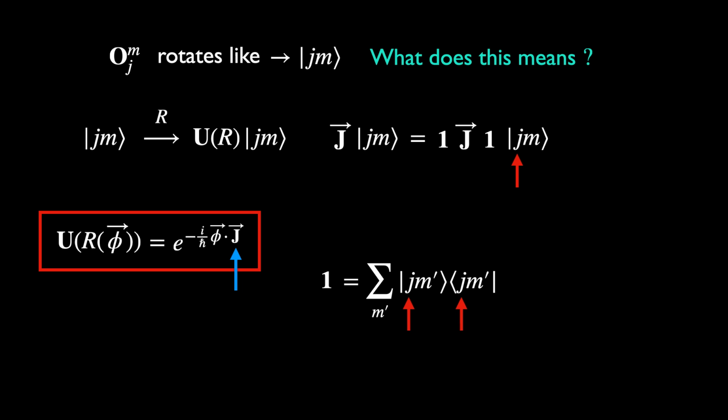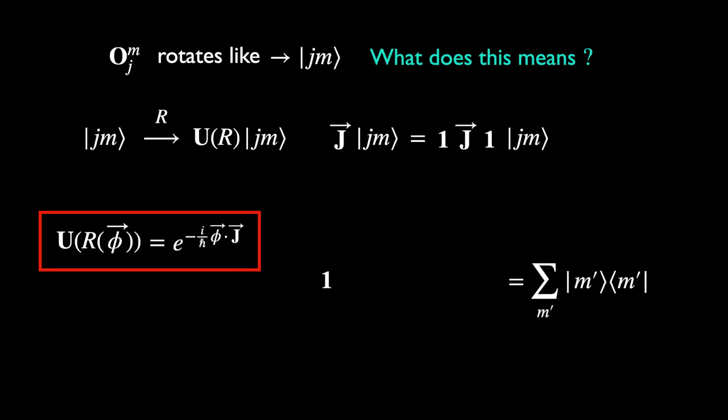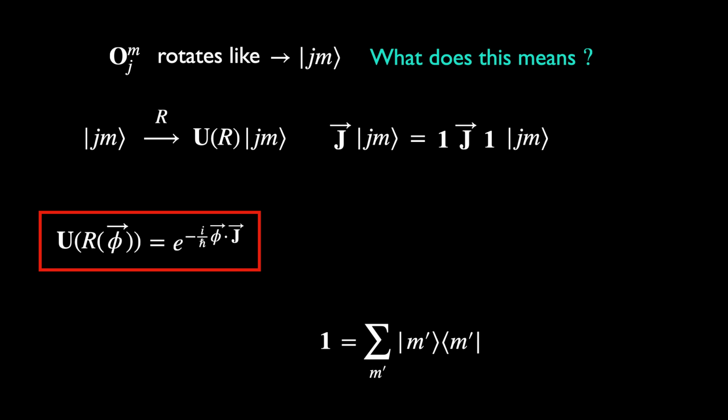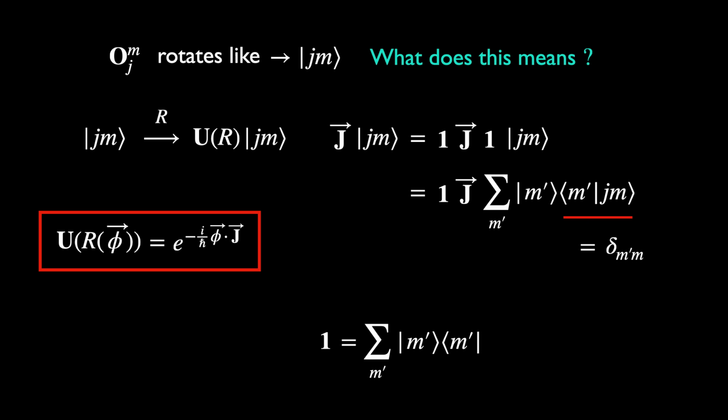To keep things concise, let's hide this quantum number. After all, it is just going to be a constant throughout all our manipulations. This bracket is just a Kronecker delta, as the basis is orthonormal.